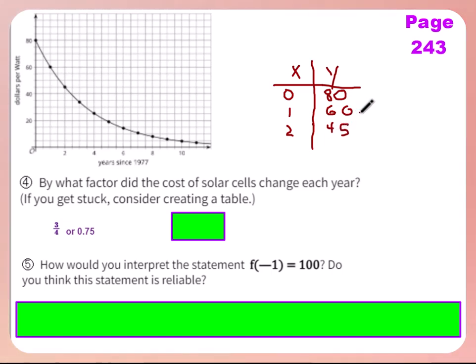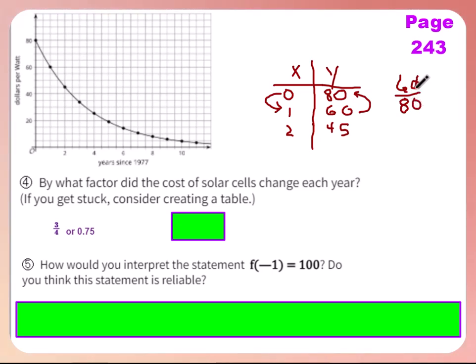All right, now we're going up by 1 in the x direction, so I can simply take my y and divide it by my x. 60 divided by 80, we start with that second number, divide it by that first y.